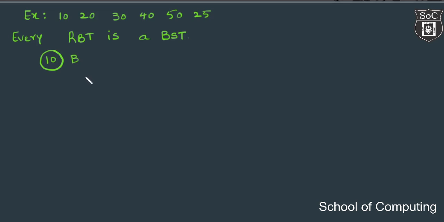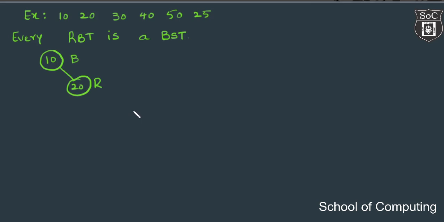What is the second element? Second element is 20. 20 is greater than 10, so it appears on the right side. Every newly created node is marked as red. Now if you look at this particular tree, there are only 2 nodes and one is black, the other one is red.